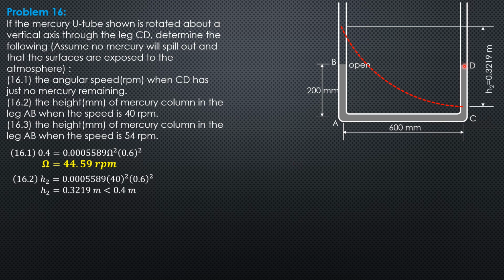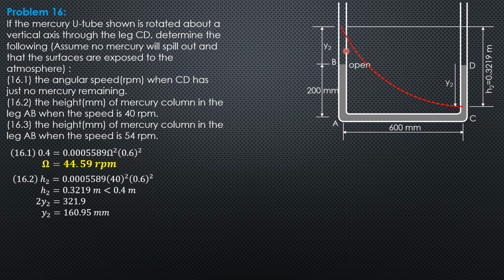This one will lower, and it transfers to the other leg with the same amount, y2. From the figure, y2 plus y2 equals 0.3219, or 2y2 equals 321.9 mm, so that y2 is equal to 160.95 mm.